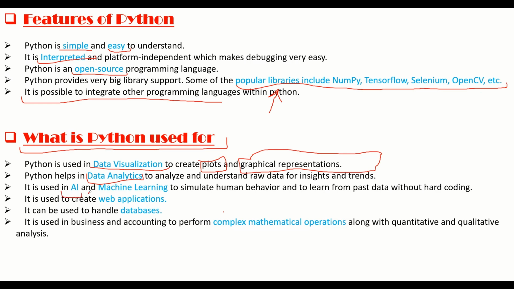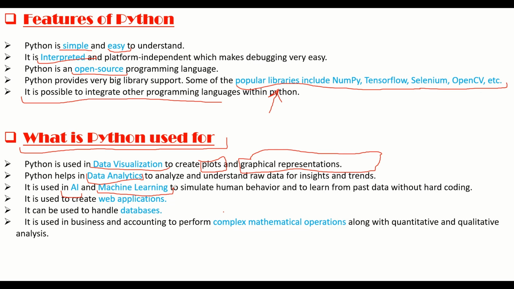It is used in AI and ML. ML stands for machine learning, to simulate human behavior and to learn from past data without hard coding. Python has become the de facto language for AI and machine learning development thanks to libraries like TensorFlow, PyTorch, and Scikit-learn.